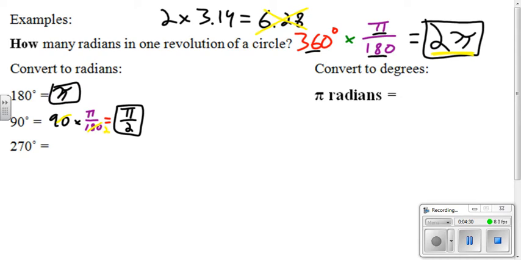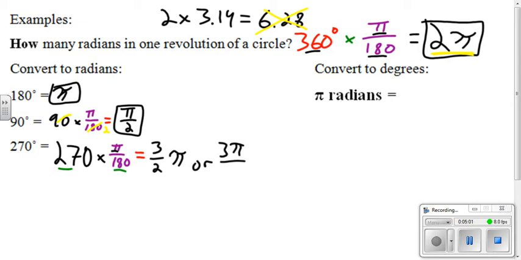Same thing if we had 270 degrees, and we need to convert it to radians. So we multiply by that conversion factor. 270 over the 180 is going to reduce down to 3 over 2, still multiplied by our pi, so it would be 3 halves times pi, or a lot of times you'll see it written as 3 pi over 2. Either one is acceptable.